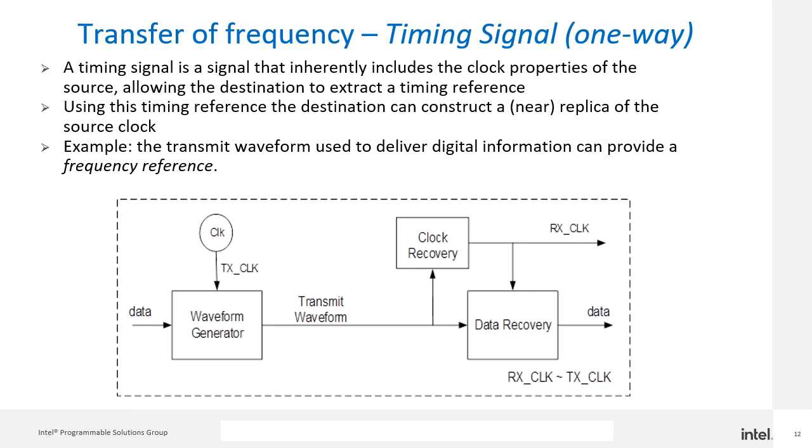That is the clock data recovery portion of it. But clock recovery, when it's done correctly, the time period of the RX clock at the receiver would be basically the same as the time period of the transmit clock.